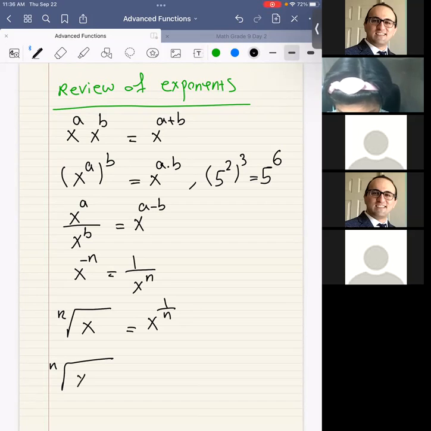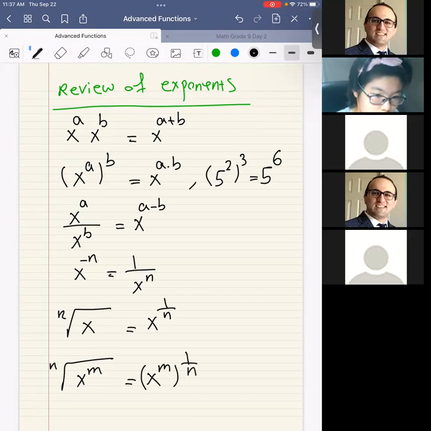So if you have x to the power m inside the nth root, can you write it as an exponent? This would be x to the power m, to the power 1 over n, right?